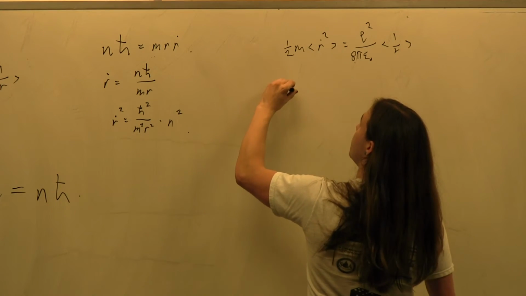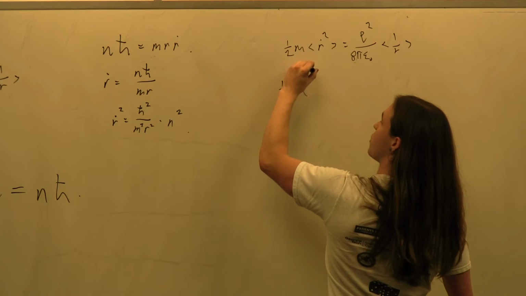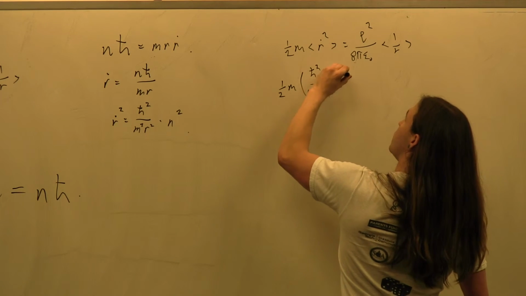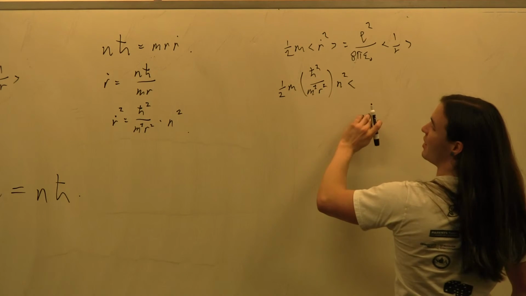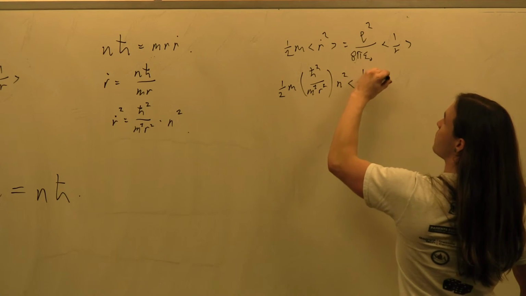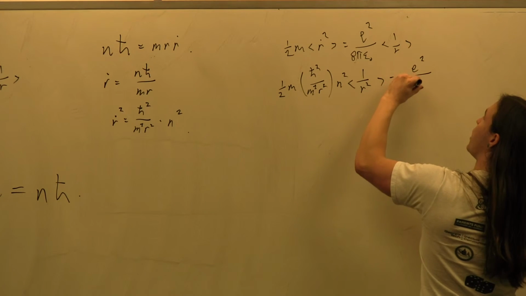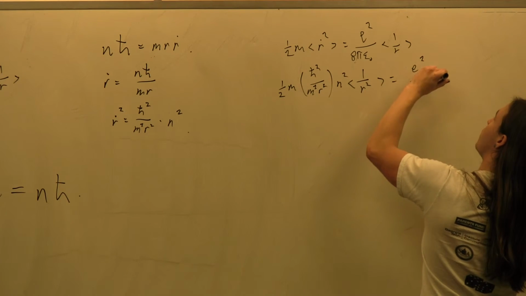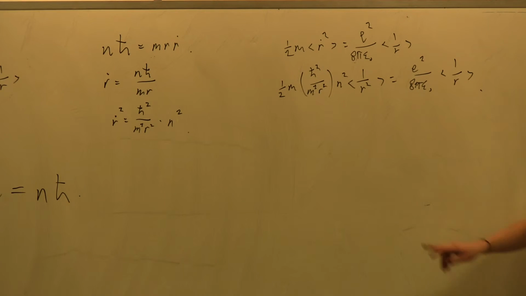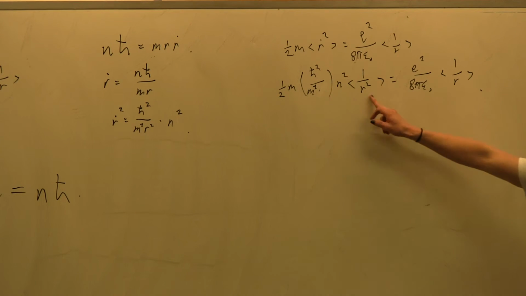So we've got 1/2 m times h bar squared over m squared r squared n squared, times 1 over r squared, is equal to e squared over 8 pi, a lot of constants everywhere, 1 over r. I hope that's still good. No, that r should have been inside. Yeah, good.